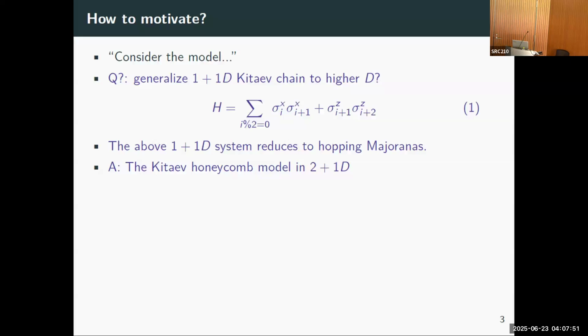And you can ask, how do you generalize this one-dimensional hopping Majorana system to higher dimensions? One of the answers that we are very comfortable with now is the Kitaev honeycomb model in 2+1 dimensions. And if you want solvability, this is quite rigid; you can't do anything non-trivially different from the Kitaev honeycomb model in 2+1 dimensions.